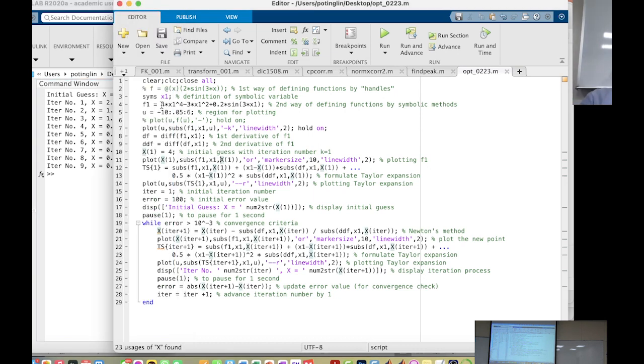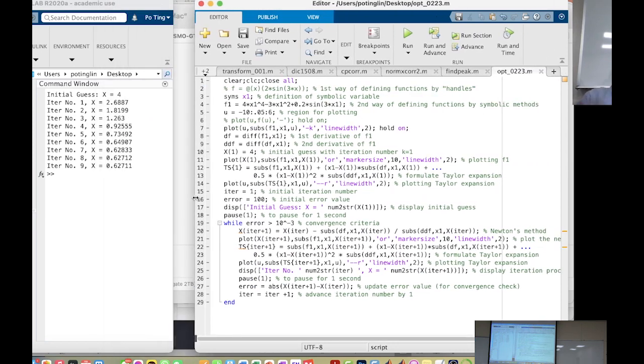Because let's plug in, let's also plot out the function value.